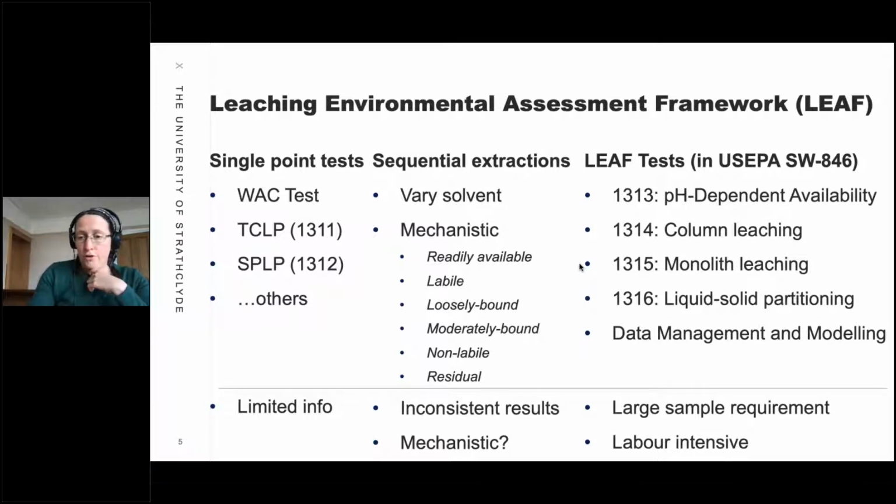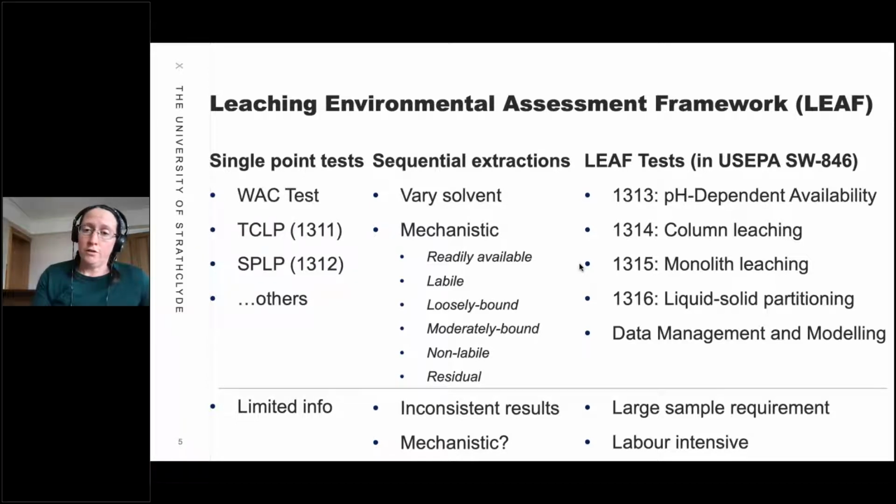These are all integrated through data management and modeling tools, so you can look at other conditions as well, not just what you measure, but based on the information that you know about your material, you can look at conditions you can't necessarily reproduce in a lab, like reducing conditions. That's quite difficult to replicate in a lab because of the controls.